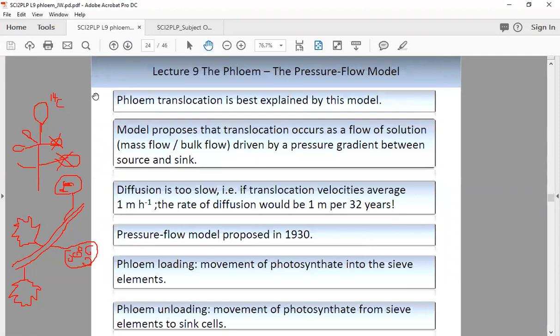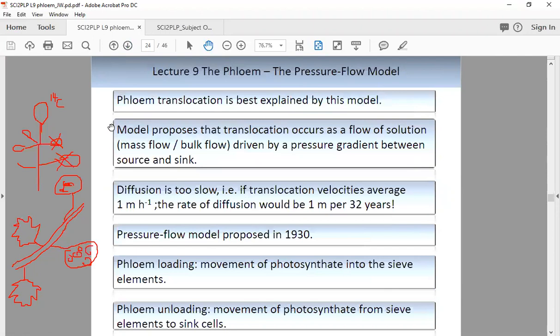All right, now let's get on to the important mechanism which is thought to best describe how photosynthates are transported in the phloem. What is the mechanism that drives translocation? And I'm sure you've heard of this, the pressure flow model of translocation in the phloem.